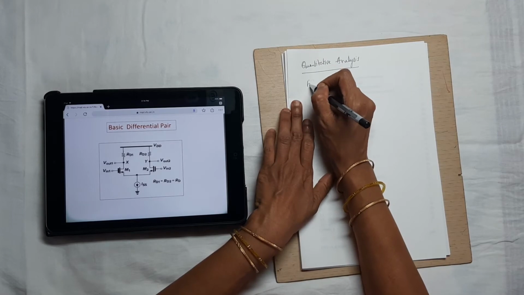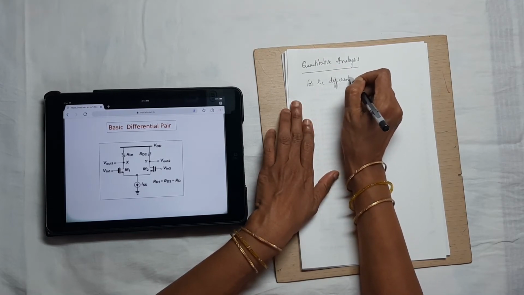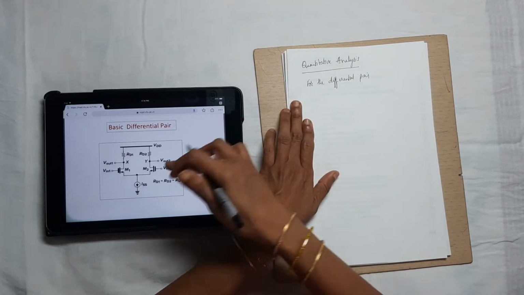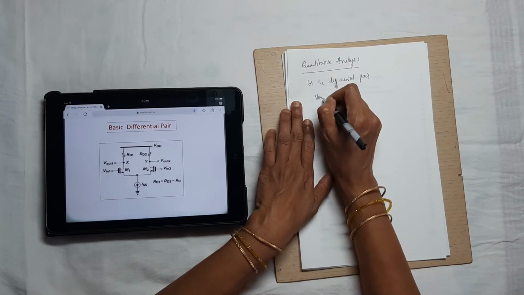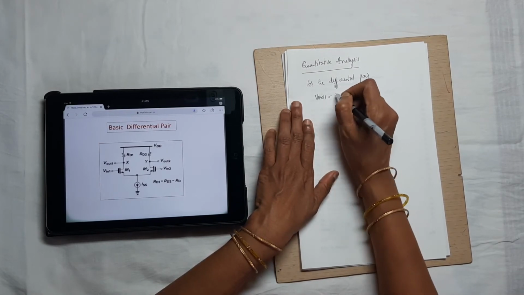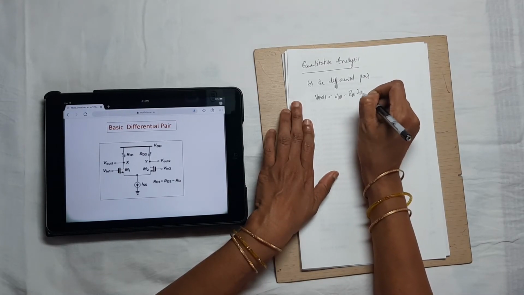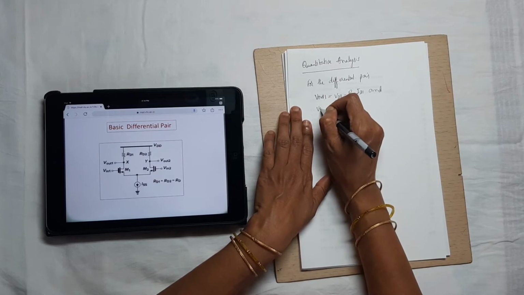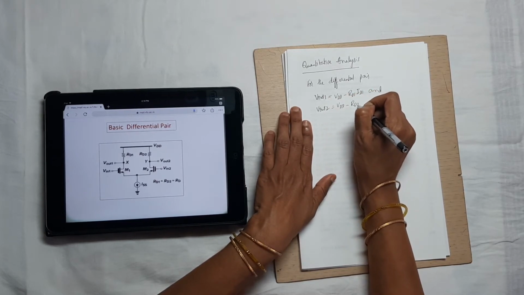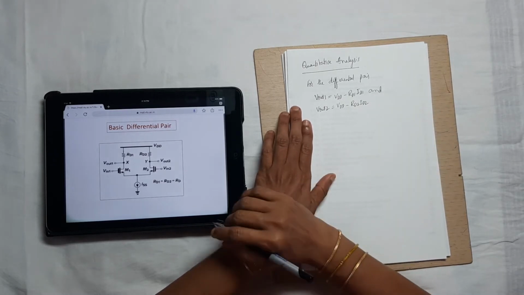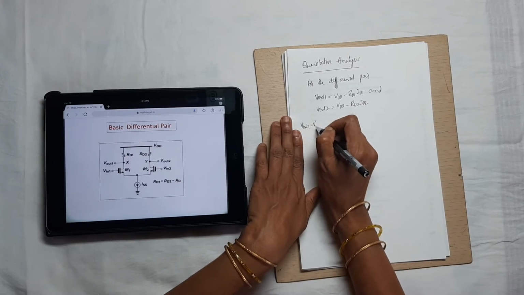Now for the differential pair of this particular figure, we can write V out 1 is equal to VDD minus RD1 ID1 and V out 2 is equal to VDD minus RD2 ID2. Now what is the difference V out 1 minus V out 2?